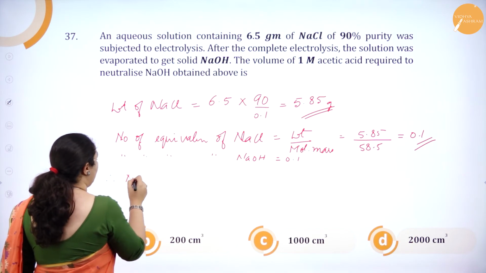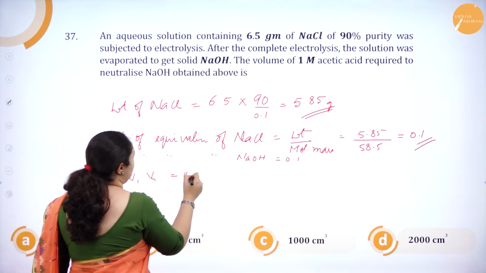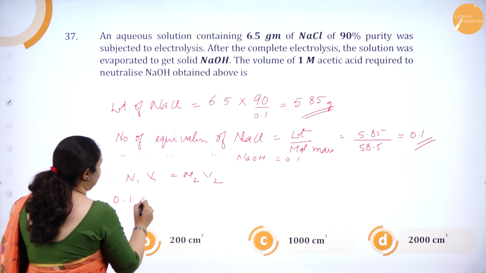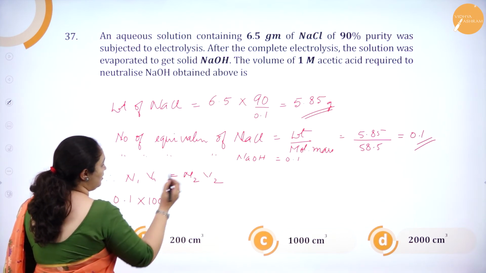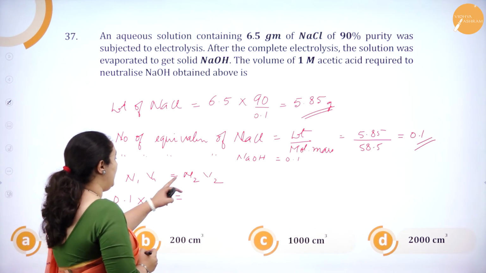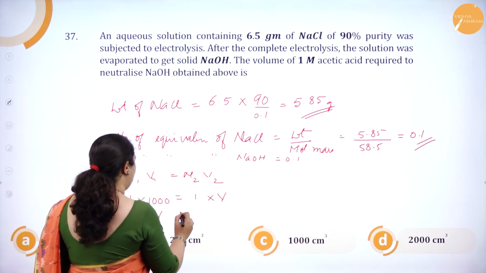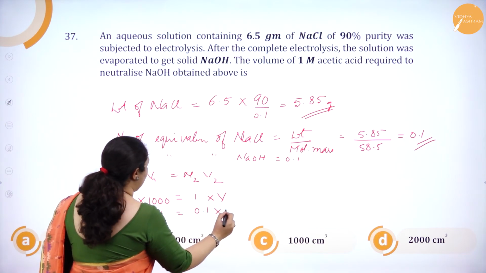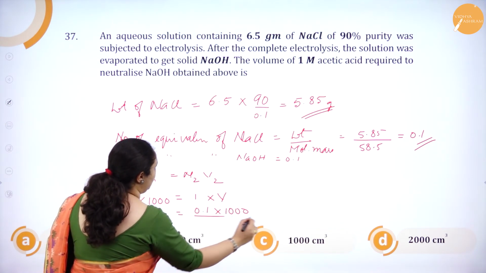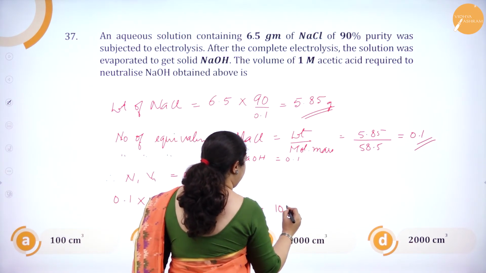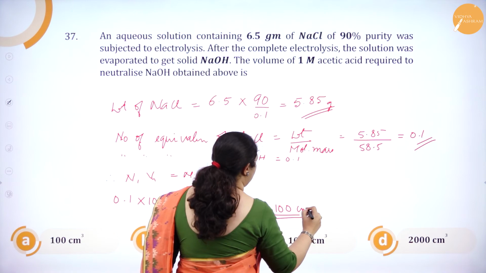Now we'll take the formula N1V1 is equal to N2V2. So NaOH is 0.1 into 1000. That's because we got 0.1 equivalents, and normality of acetic acid is 1, into volume we need to find out. So it is 0.1 into 1000 divided by 1, which is equal to 100 cm cube.